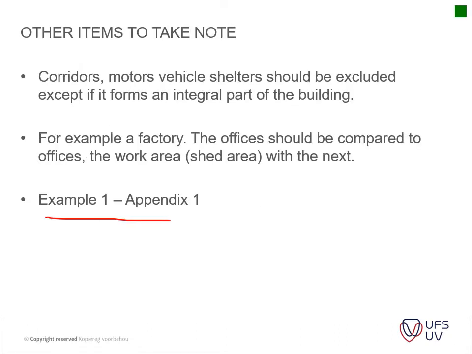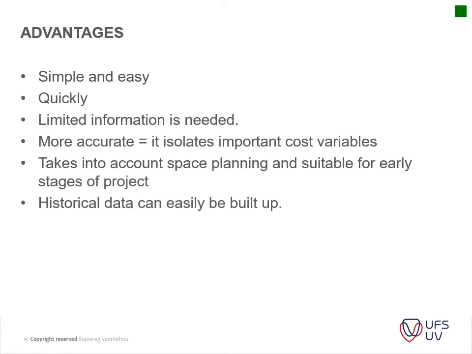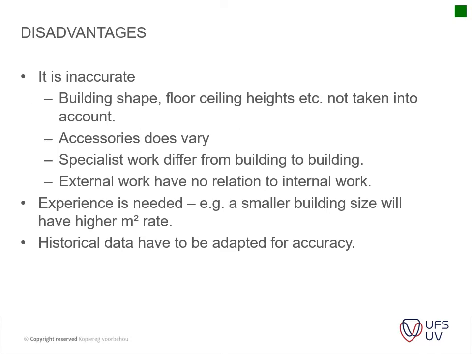So again, you can go through your example 1 of appendix 1. Okay, here's just the calculation, same building, calculated the area to get a rate, and then your cost of your new building. You just take the area and you times it with your rate to get the new estimated basic cost. Okay, so the advantages again is theory.